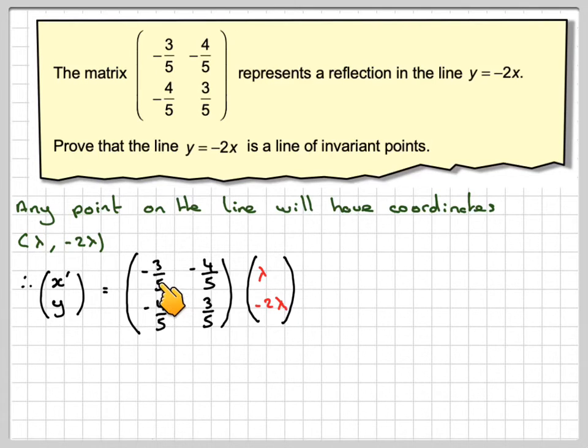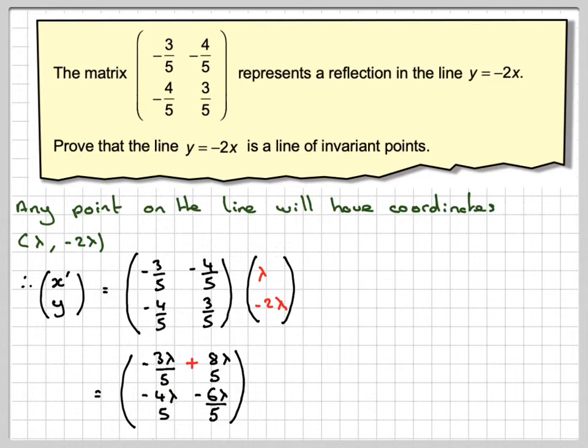We do minus 3/5 times lambda, which gives minus 3 lambda over 5, plus minus 4 over 5 times minus 2 lambda, which gives plus 8 lambda over 5. Then minus 4 over 5 times lambda gives minus 4 lambda over 5, plus 3 over 5 times minus 2 lambda, which gives minus 6 over 5 lambda.